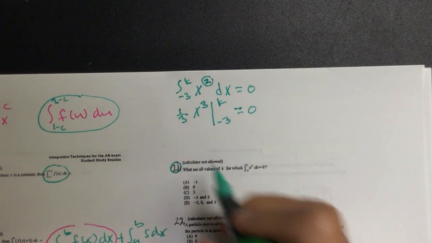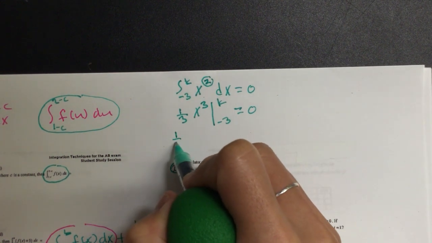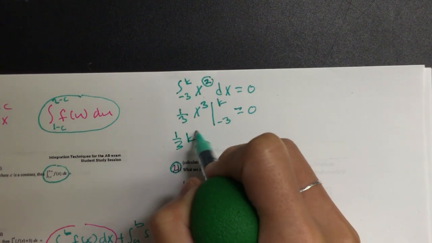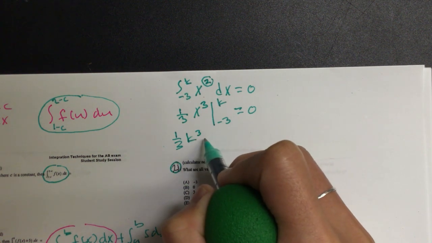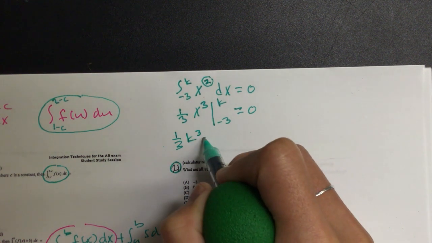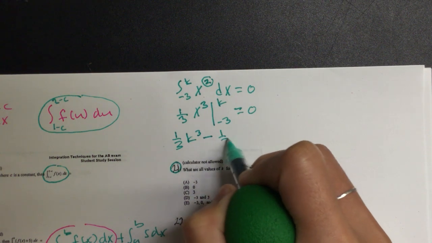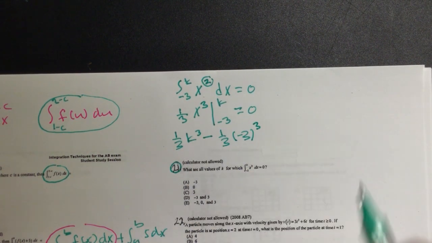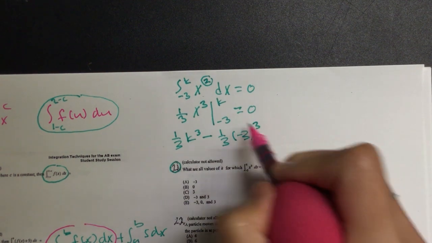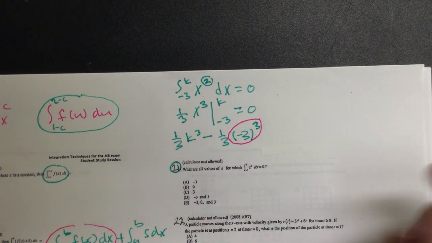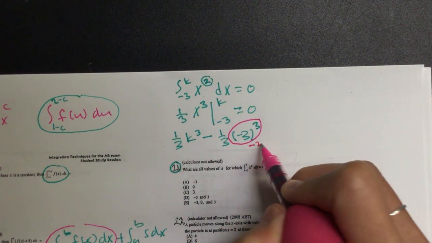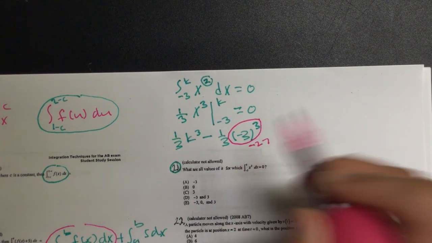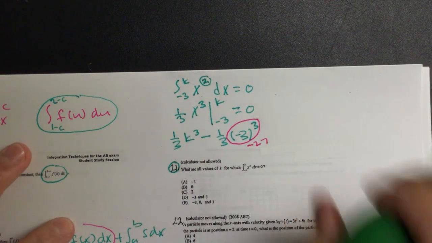Now we're going to plug them back in. So when I do, I get 1/3 k cubed. And then when I do minus, we're looking at 1/3. This time plug in the negative 3 into our x cubed. So let's worry about this guy right here. What is all that going to give me? Negative 27. If I take negative 27 and divide it by 3, that's going to give me what number?